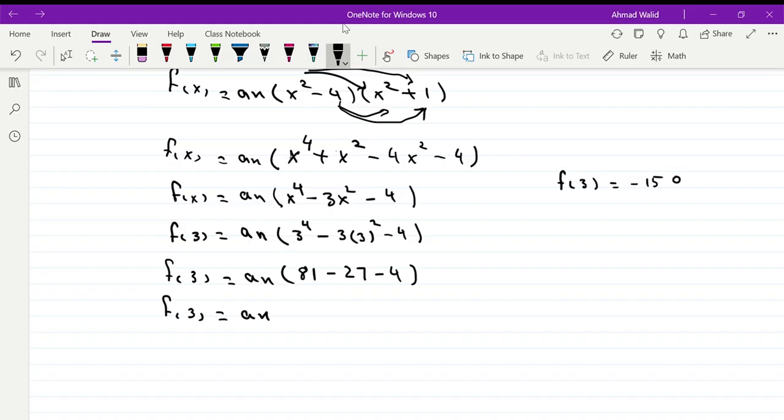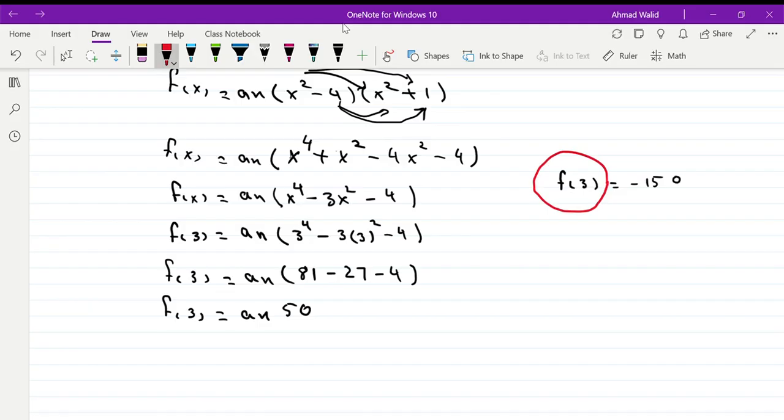Then f of 3 equals a sub n. Simplify this. Negative 27, negative 4 gives you negative 31. Negative 31 minus 81 gives you negative 50. Okay, how much is f of 3? Look, the value of f of 3 is given to you.